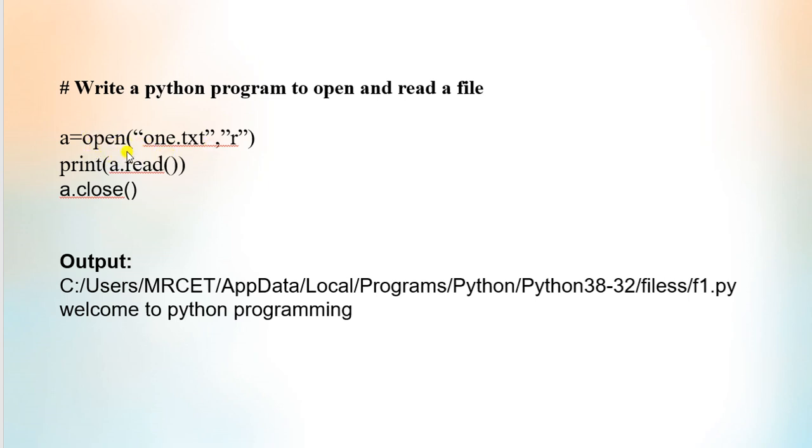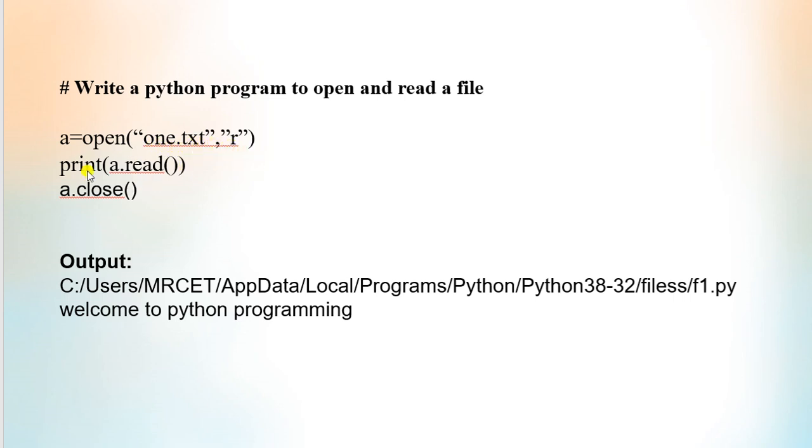The parameters of open are the file name, that is 1.txt, a text file, and the next parameter is the file mode. We have already discussed different modes of file operations like read mode, write mode, append mode, right? So this R indicates read mode. This file 1.txt is opened in read mode.